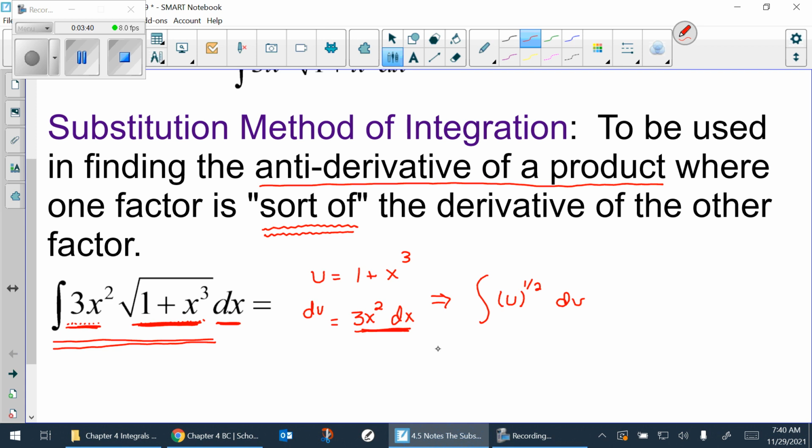And now I'm going to take the antiderivative of that. And the antiderivative of u to the 1/2 is u to the 3/2 divided by 3/2, or times 2/3, plus c. Now you'll notice that this original integral was indefinite.